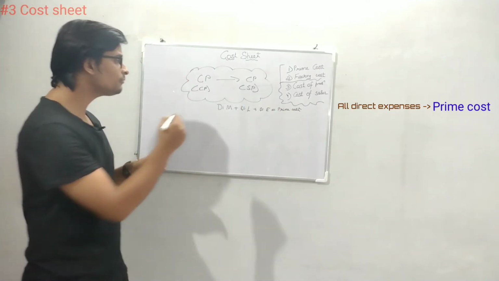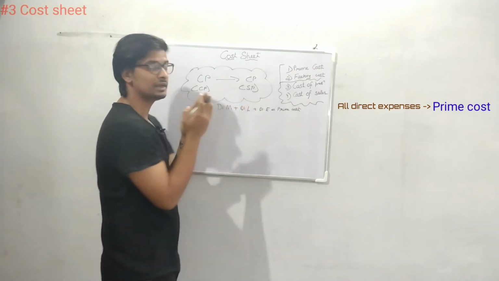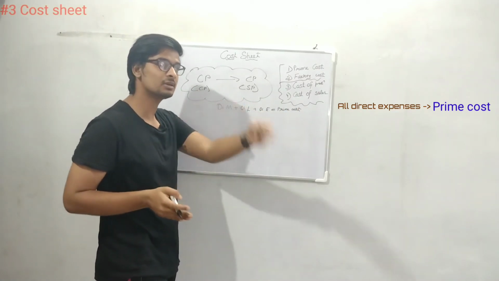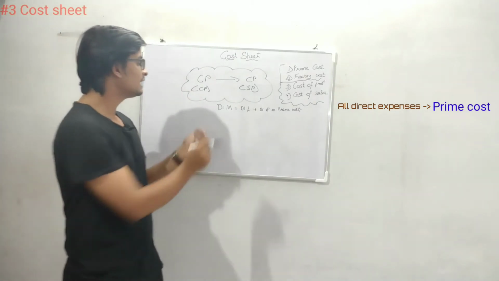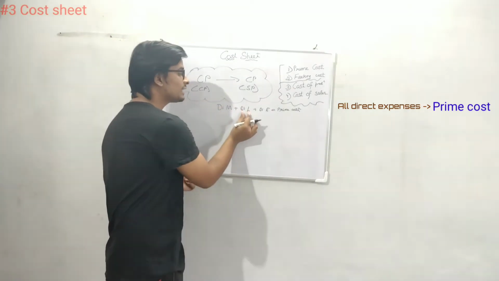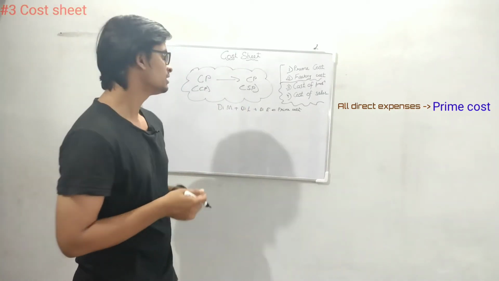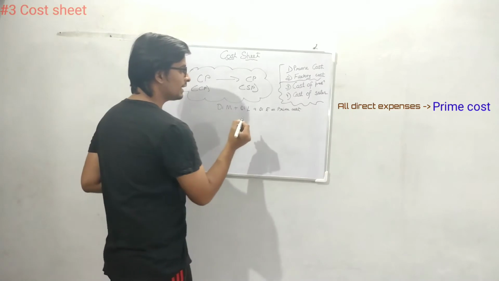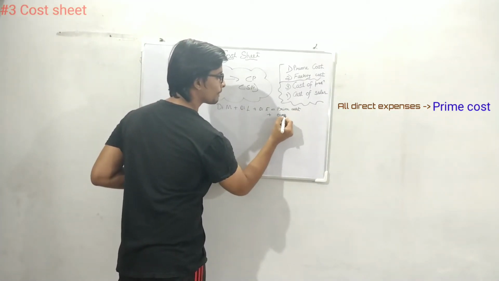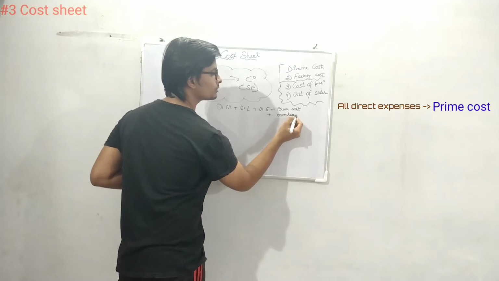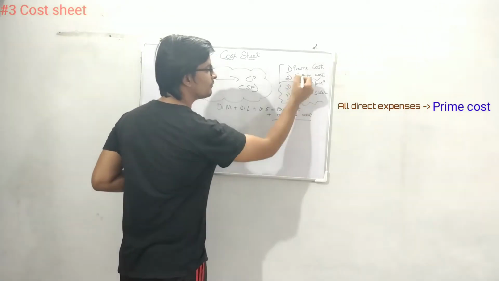Now if we add all the indirect expenses, or we say overhead, we learned that in the previous class, indirect material plus indirect labor plus indirect expense is equal to overhead cost. So if we add prime cost plus overhead cost, we get factory cost.